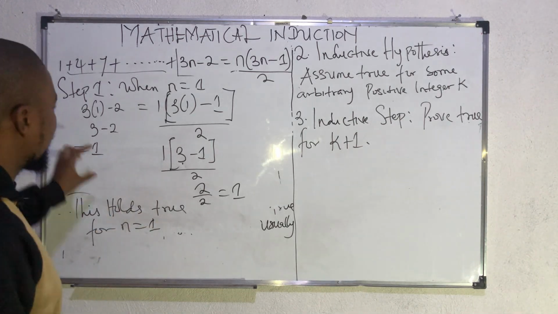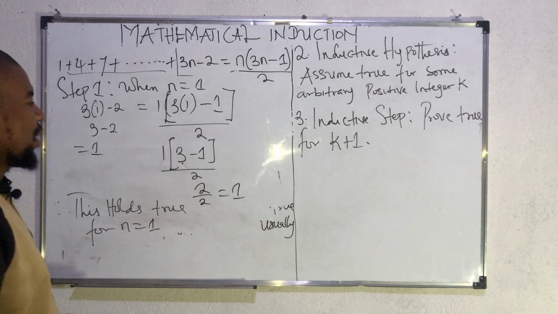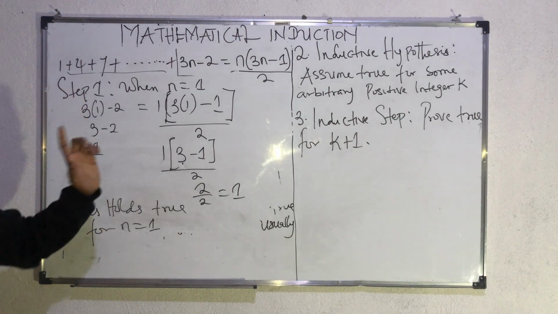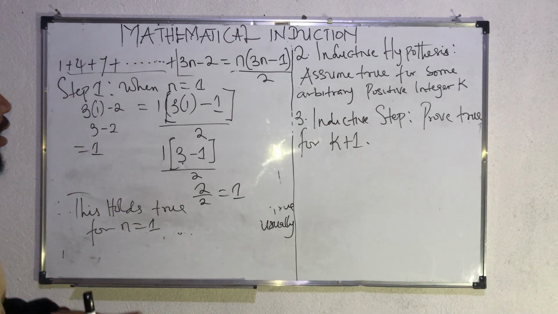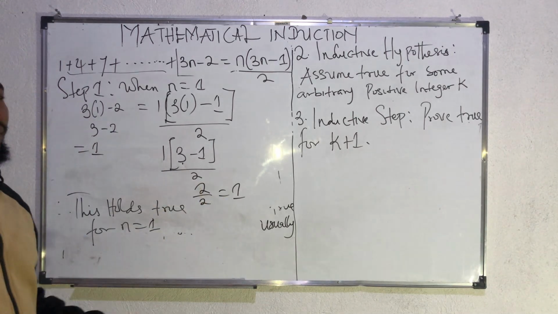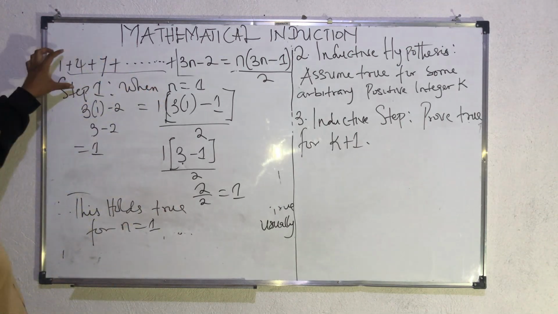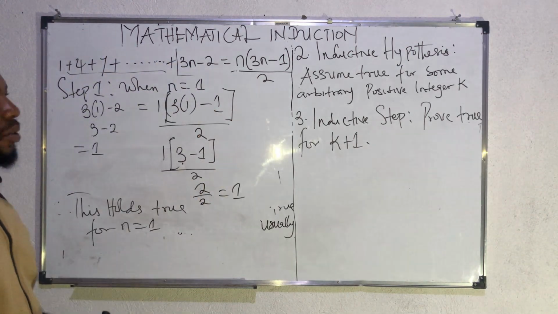Let's assume we get a 1 here and a 3 here. We cannot proceed, right? So for the first step, which is the base case, the left-hand side and the right-hand side must be the same. If they're not the same, then there is a problem either with your calculation or that the mathematical statement is wrong.